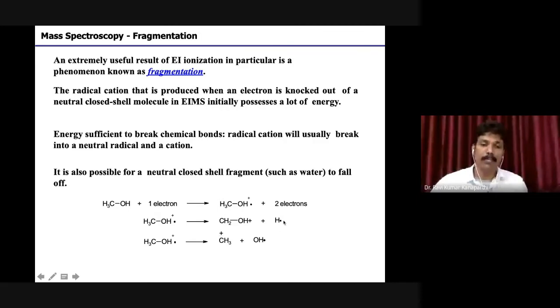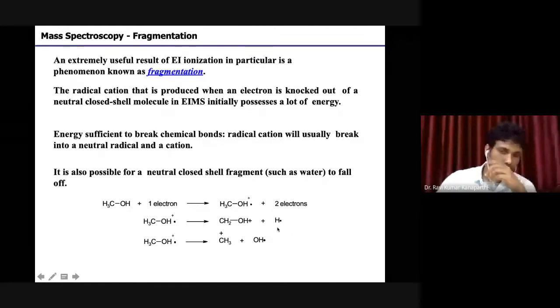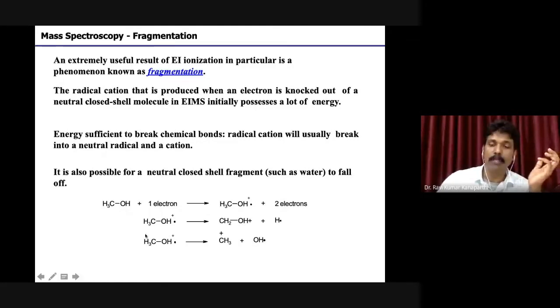But how do you infer radicals and neutral species? From the peaks we can infer whether a neutral species is eliminated or not. Suppose you have a molecular mass, for example this one. What is the molecular mass? This is 17 plus 15, it is 32. If it loses one hydrogen radical, then there must be an M minus 1 peak.